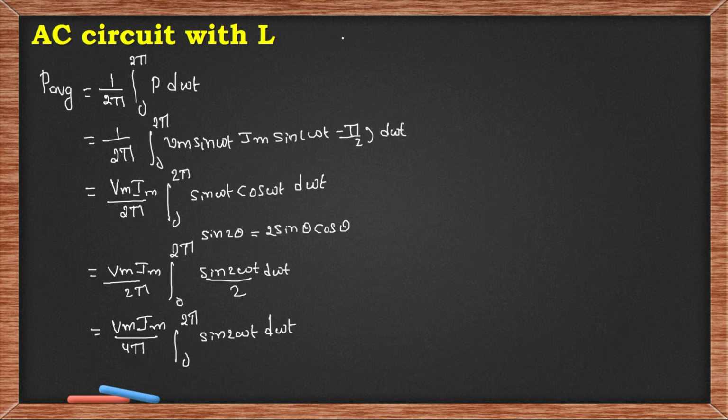Here Vm Im divided by 4 pi is constant, so integrate this term with respect to d(omega t), and it becomes minus cos 2 omega t divided by 2, with limits from 0 to 2 pi. So this equation becomes Vm Im divided by 8 pi.